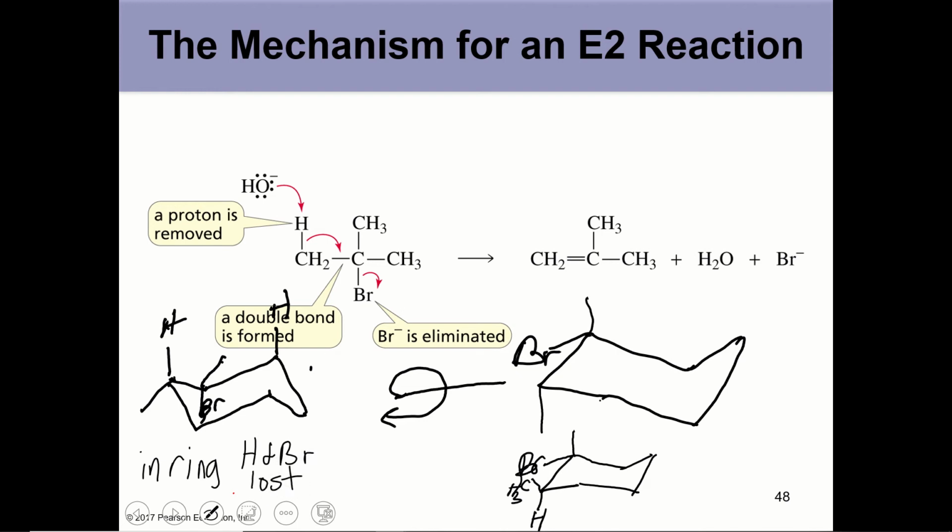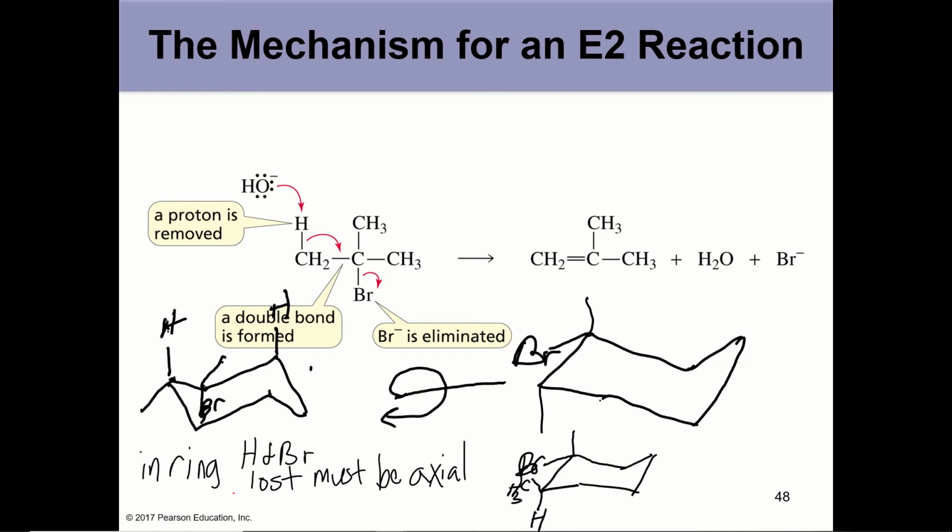So the H and the Br lost in a ring must be axial. If you're asked to do an E2 elimination of a ring that has the halogen atom in an equatorial position, you have to do a ring flip to find the correct product, because they have to be axial when they're eliminated.